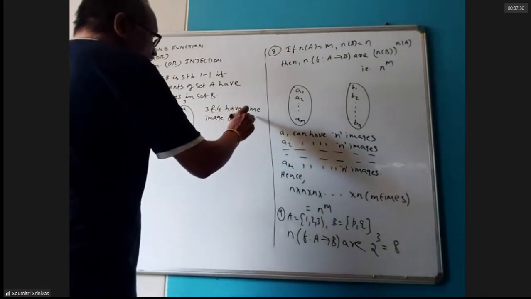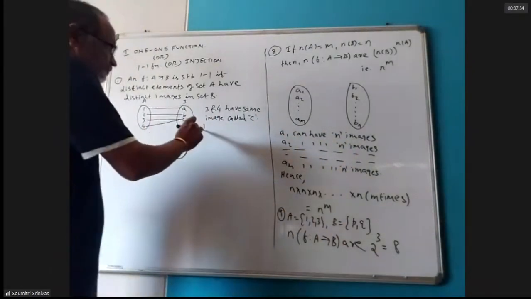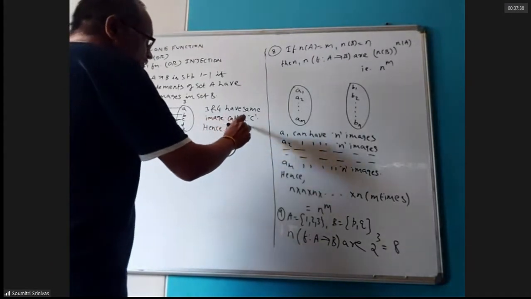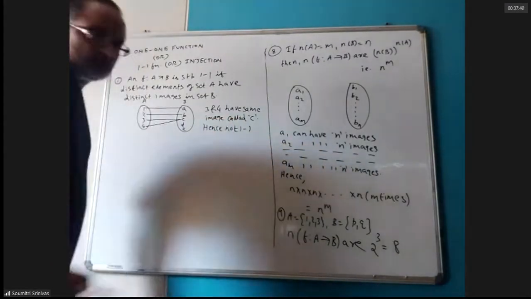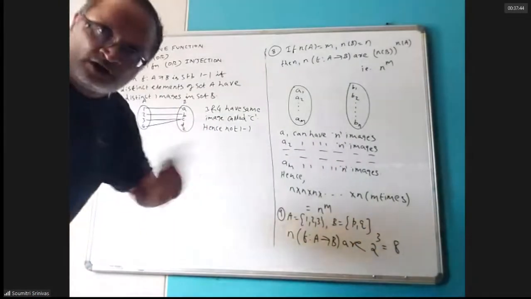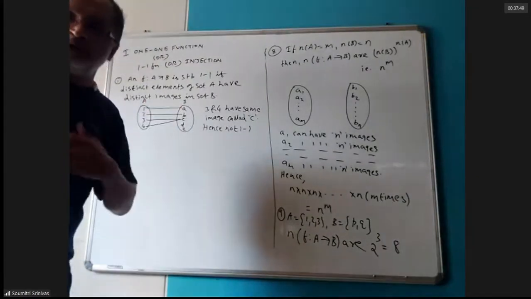This is a one-one check, but there is a drawback. What drawback?